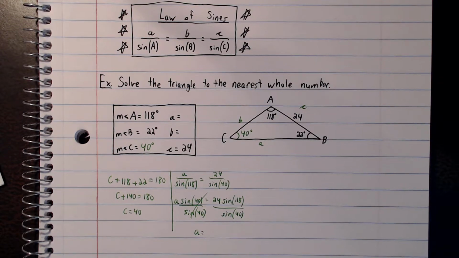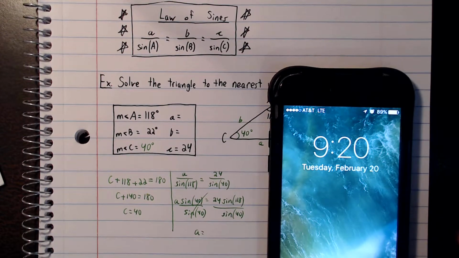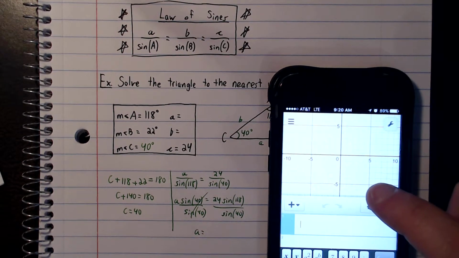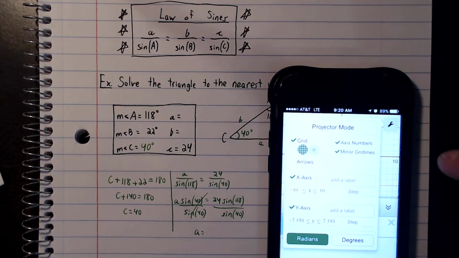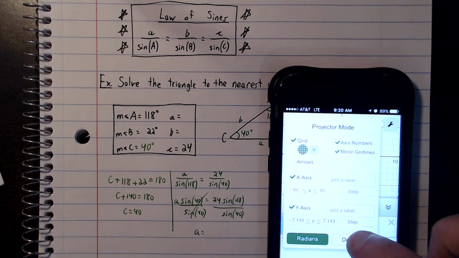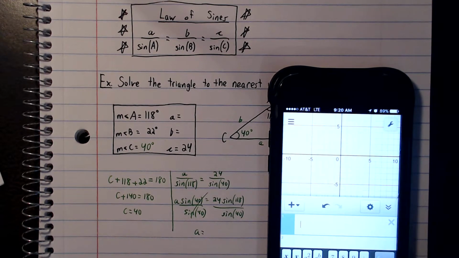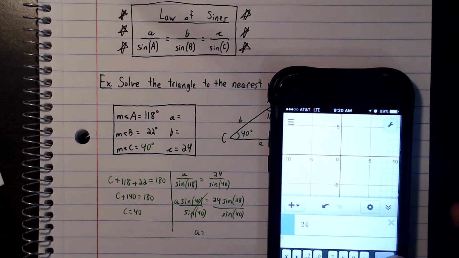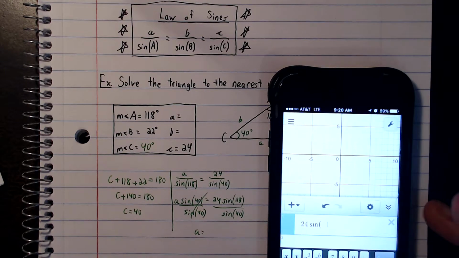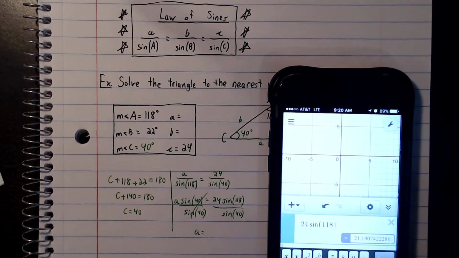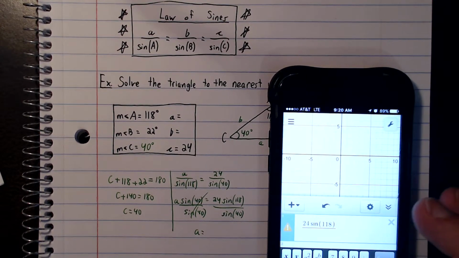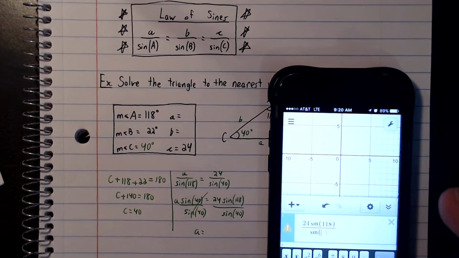So let's go to our calculators. If you're using Desmos like I am, you're going to want to make sure that you go to the little wrench and change it to degree mode because we are working in degrees. So we want 24 times sine 118 degrees divided by sine of 40.